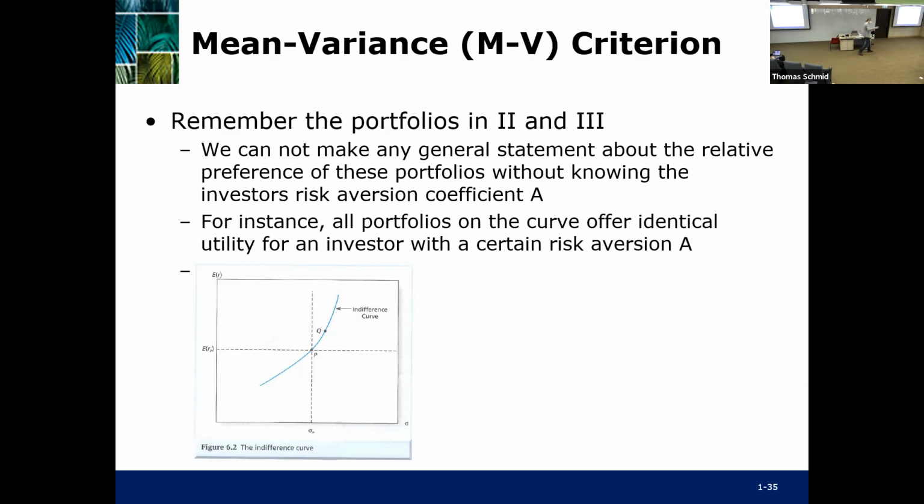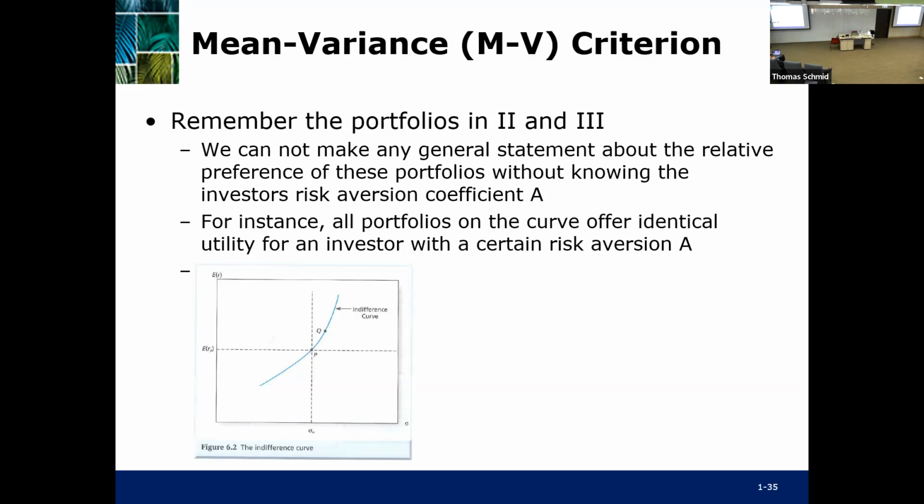So yes, it's a horizontal line. For the risk-neutral investor, it's only about expected return. So if the expected return is 5%, the utility would be the same for all levels of risk. If he can get 5% with a risk of 20%, that gives him the same utility as if he can get 5% with a risk of 0. So the indifference curve for a risk-neutral investor is a flat line.